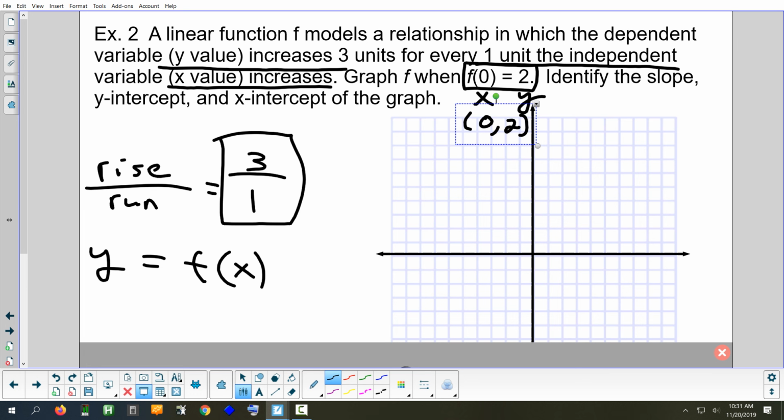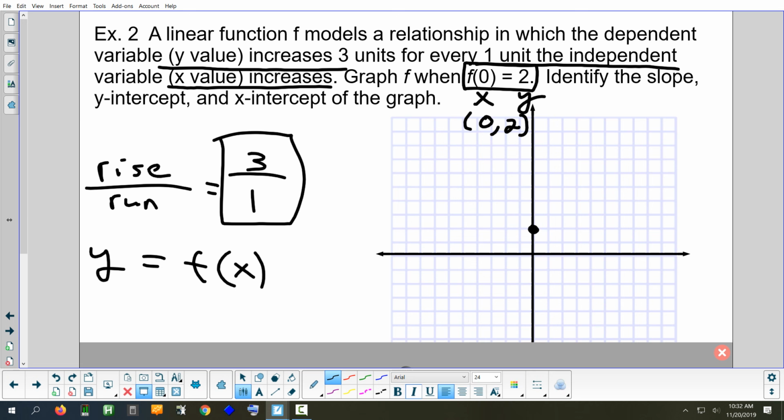How do you graph the point 0, 2? Over 0, up 2. Don't go over at all. Over 0, up 2. That's your y-intercept. So in a problem like this, your y-intercept is given to you at the end. This stuff in the beginning is your slope. So now, from this point, which way do I go to get to another point?